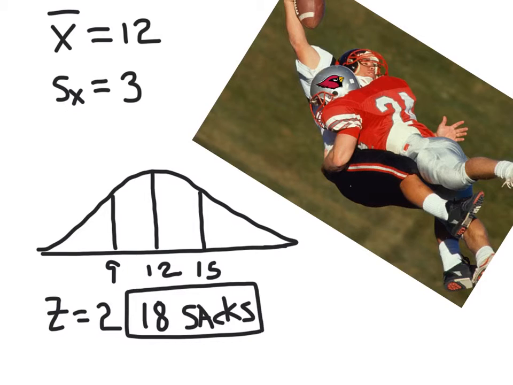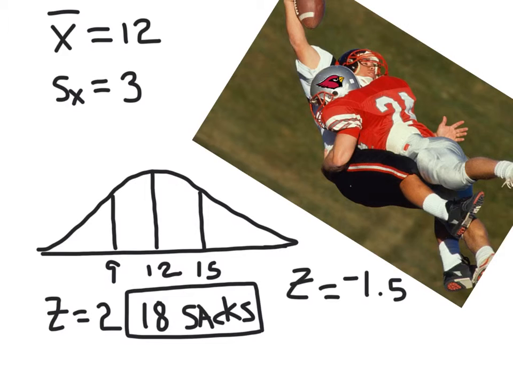What if you have a negative z-score? It doesn't mean it has negative sacks, it means this. How about this? We'll say a z-score of negative 1.5. Okay, so that's underneath the 12, below the 12. So we say 1.5 times 3, and that turns out to be 4.5. And we're going to say 4.5 below the 12, which is going to give us 7.5.